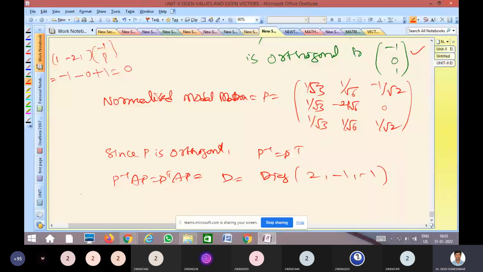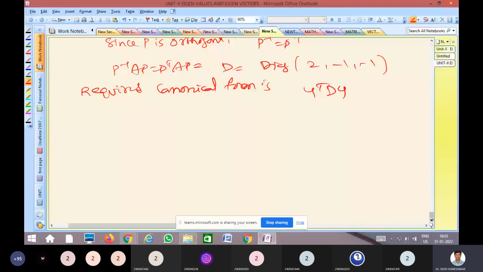So the required canonical form here is Y transpose DY. What will we get?